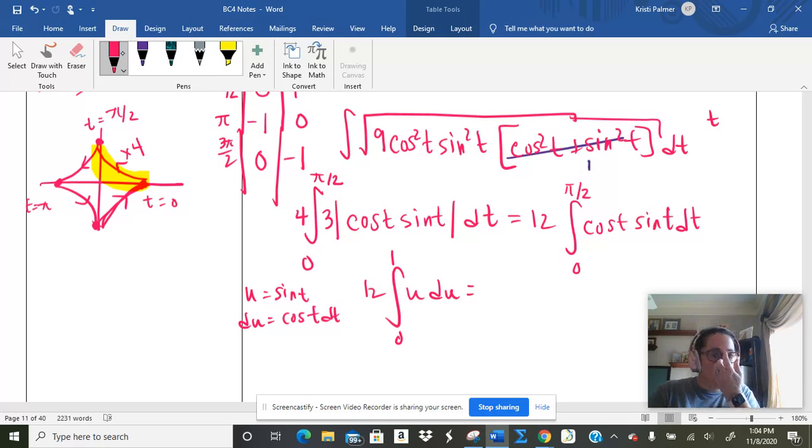And notice, if I would have kept that 0 to 2 pi, when I did my u as sine, I would have had sine of 0 was still 0, and sine of 2 pi would have been 0 too. I would have went 0 to 0 and found a length of 0. So that would have been wrong. Okay, so that's why a lot of times, same thing if I would have said 0 to pi and doubled it. So a lot of times we have to find the correct symmetry, and that can be the most challenging.